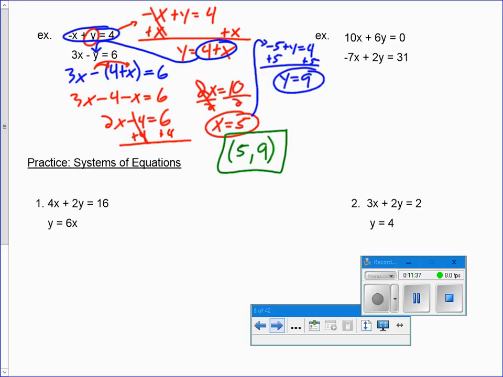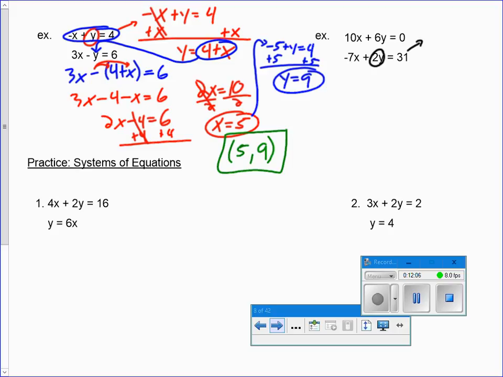So we got one more we'll do as an example, and then you'll have some time to try the other 4 on your own. So this one, looking at this expression, it doesn't look like either equation has a very easy variable to solve for, but looks like 2y might be the easiest to solve for just because it has the smallest coefficient.